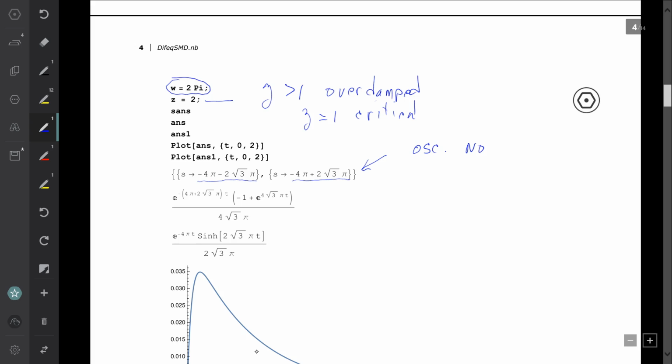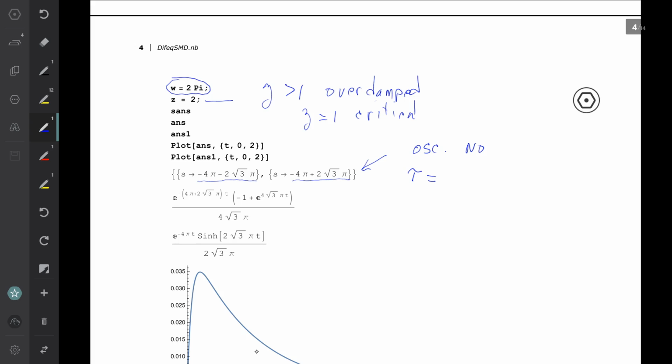What's the time constant? Well, in this case, there are two of them. It's going to be, let's see if I can find it, 4 times pi minus 2 times the square root of 3 times pi.